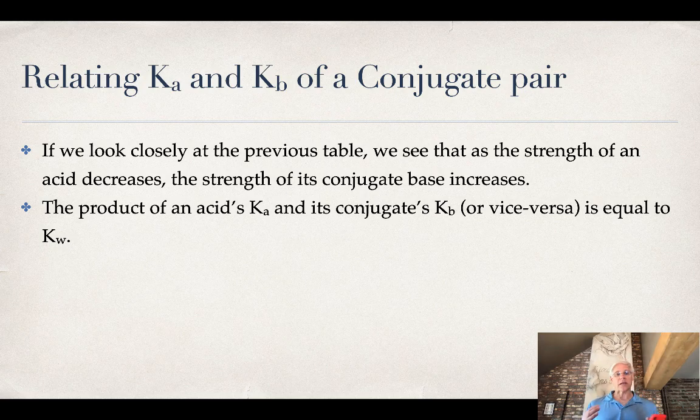What that indicates is that an acid and its conjugate are affected by the value of the equilibrium for water. And so we have a nice little equation there: Ka times Kb is equal to Kw.